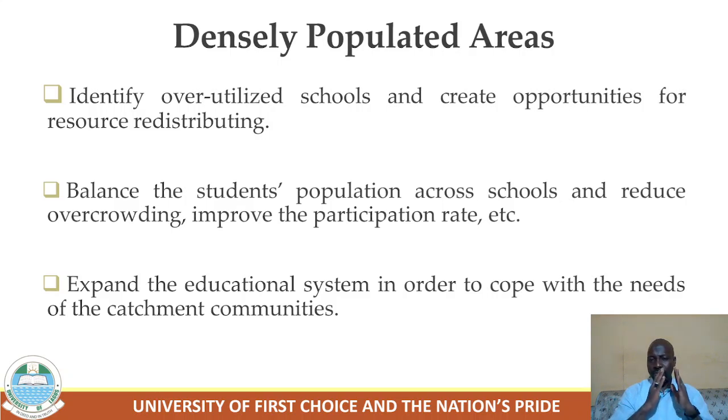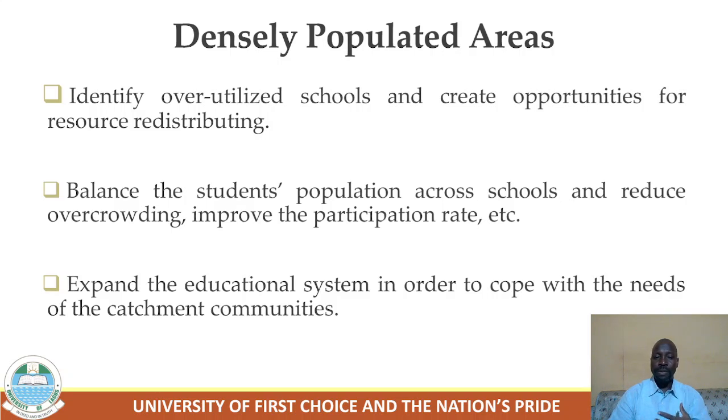Now, if we notice at the beginning, during the holiday period, that there are some schools that are overpopulated, then how do we balance this? How do we reduce overcrowding? So then we can say, let us apply school mapping exercise.